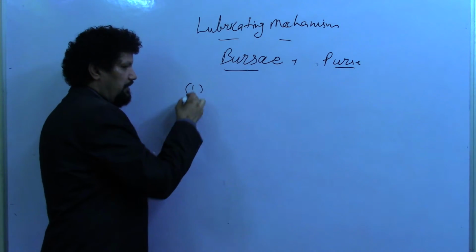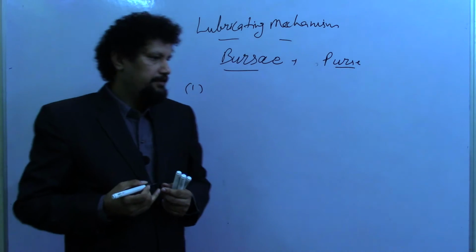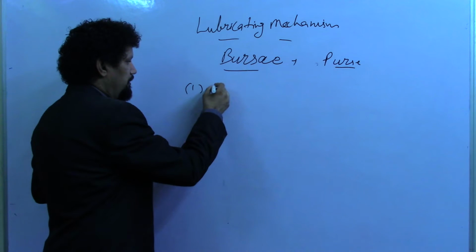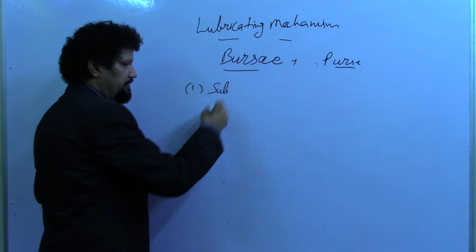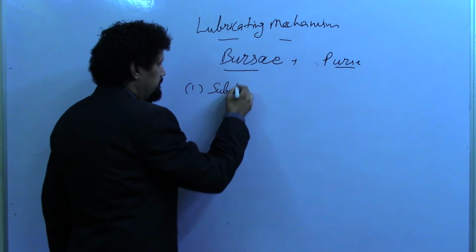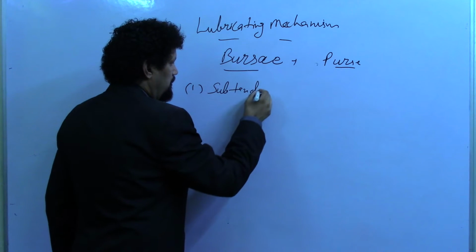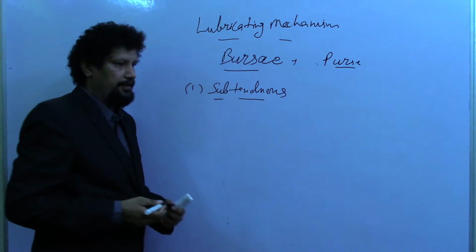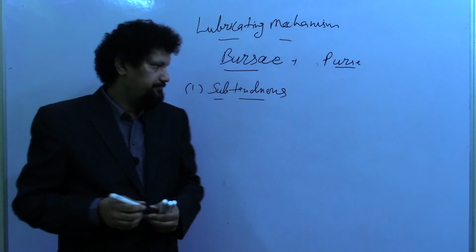The first type of bursa is the subtendinous, or tendinous bursa, that is deep to the tendon.